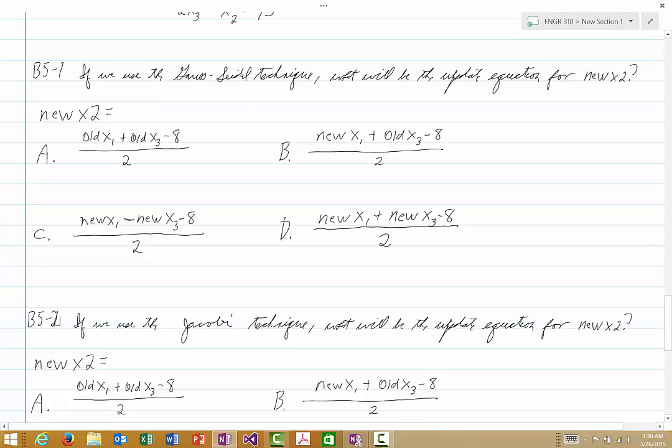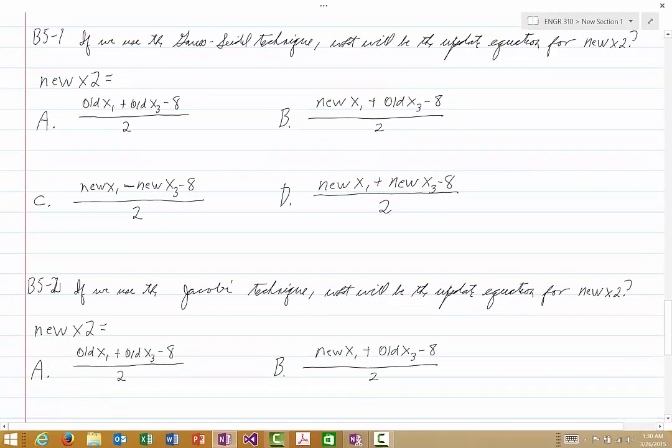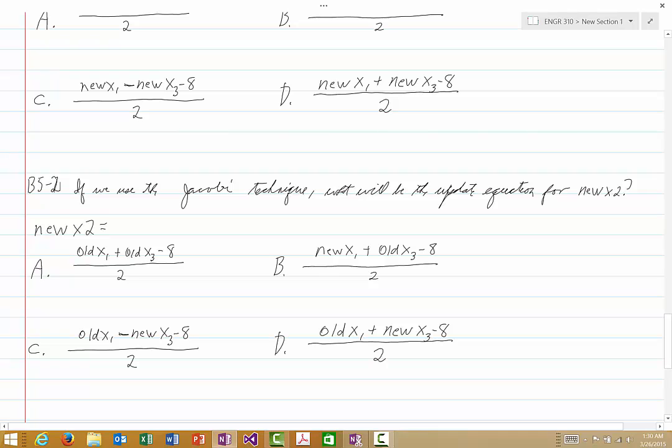So we have new x2 equals, again, I'm giving you part of the equation, and then you have the right-hand side of that equation. You have four choices. A is old x1 plus old x3 minus 8 over 2. B is new x1 plus old x3 minus 8 over 2. C is old x1 minus new x3 minus 8 over 2. And D is old x1 plus new x3 minus 8 over 2.